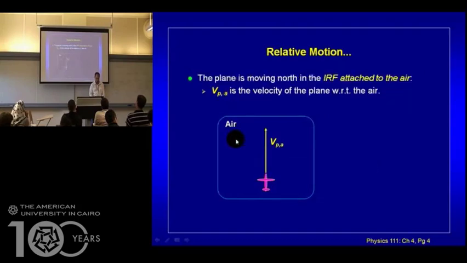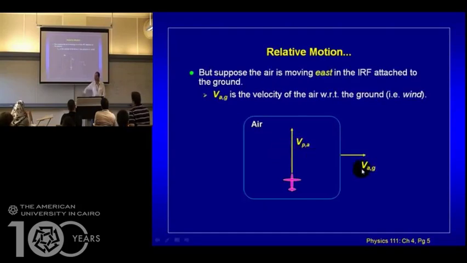Terminology. The velocity of the plane relative to the air, I'm going to call it VPA, and it's along that direction. That's what you see in the airplane. The pilot, this is his velocity: velocity of the airplane relative to the air. This is the velocity of the air relative to the ground.